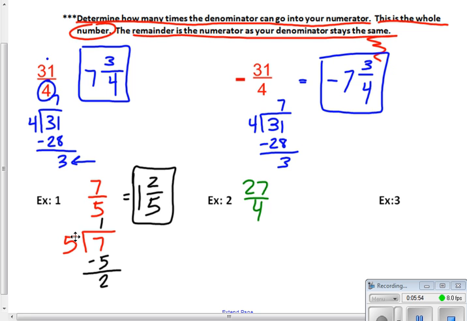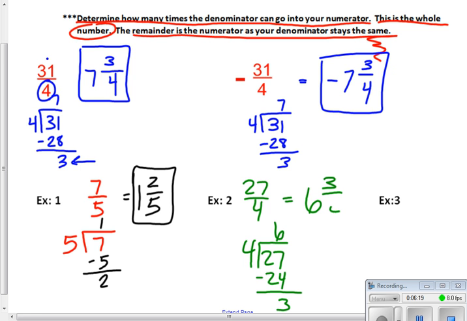So we reset here, 4 divided into 27. We know it doesn't go in there 5 times, so we could try 6. 4 times 6 is 24. 27 take away 24 is 3. And that works because 4 cannot go into 3. So our whole number is 6. The remainder of 3 is our numerator. Denominator stays the same.